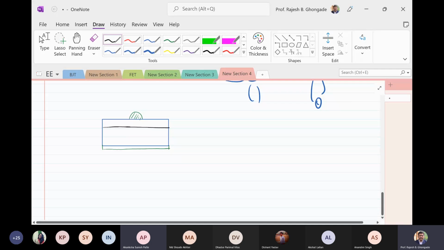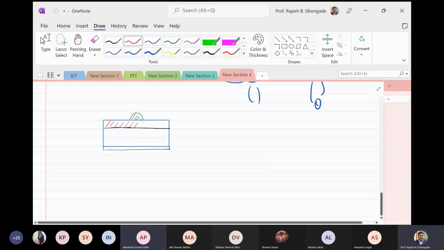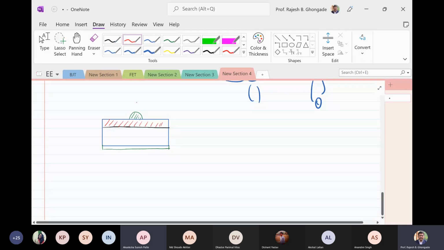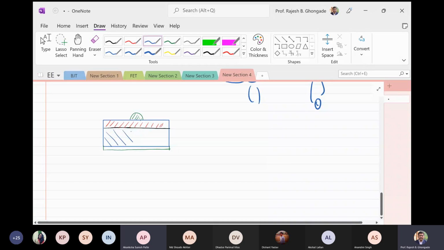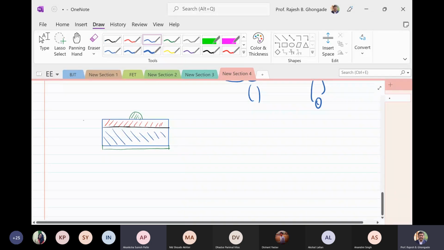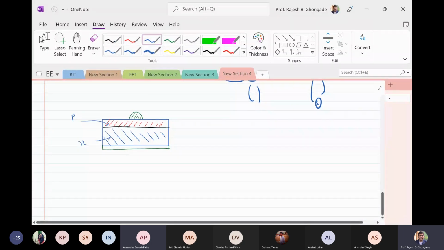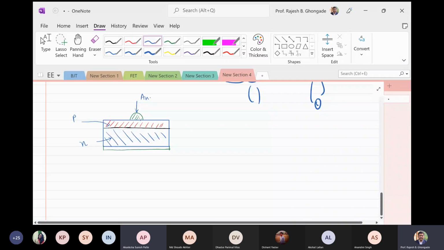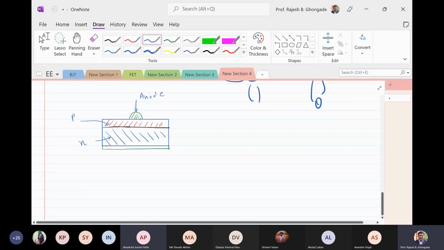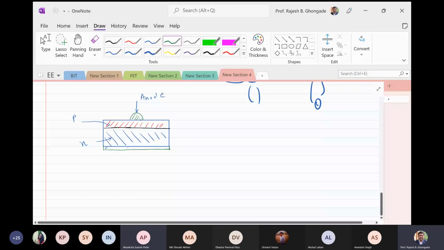This is the junction. Here you have the P type material, and here you have the N type material. So this is P, this is N. This is the anode, and this is the cathode.